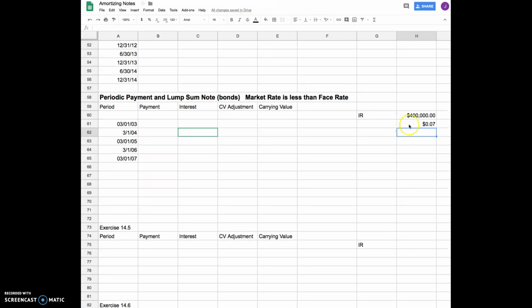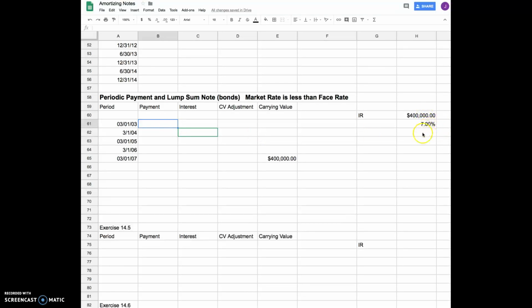So I have a $400,000 bond at 7%. I want to find out what the interest payment is on the bond. I know the last payment is going to be 400,000, but I want to find out what the interest payment is at 7% on the face.